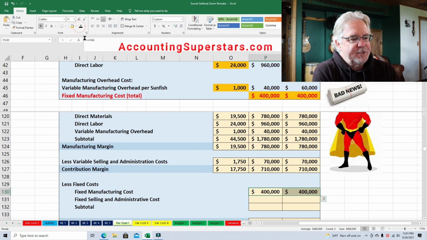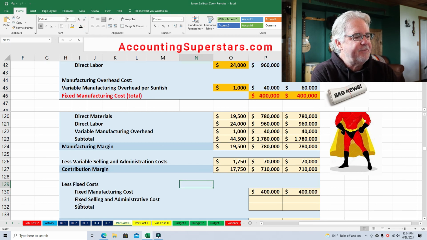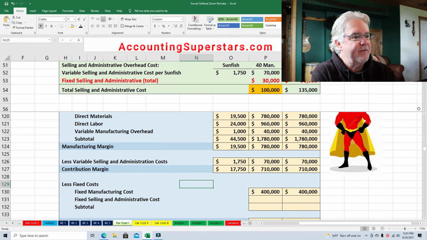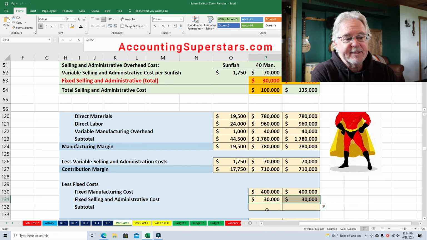And that's the way it should be because each year is identical. Fixed selling and administrative costs, let's grab those. And once we have those, we'll have them all. Here they are right here, these $30,000. So let's put that into place. There we go. And let's get a little subtotal here. 430,000, 430,000. There we go.